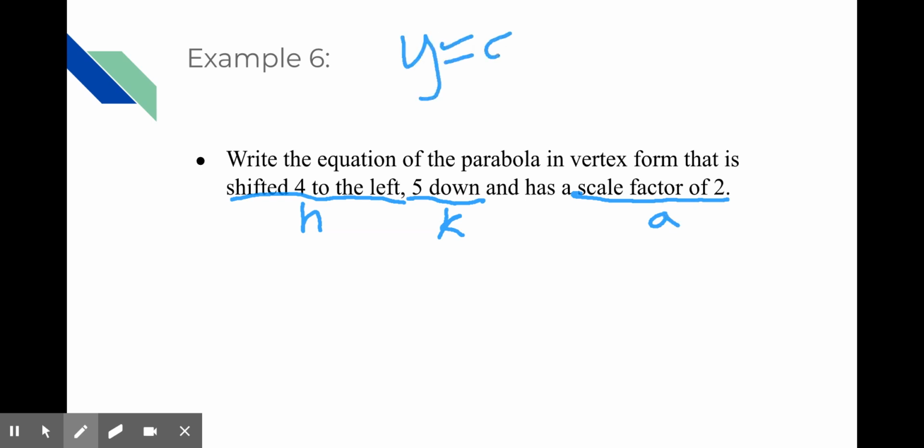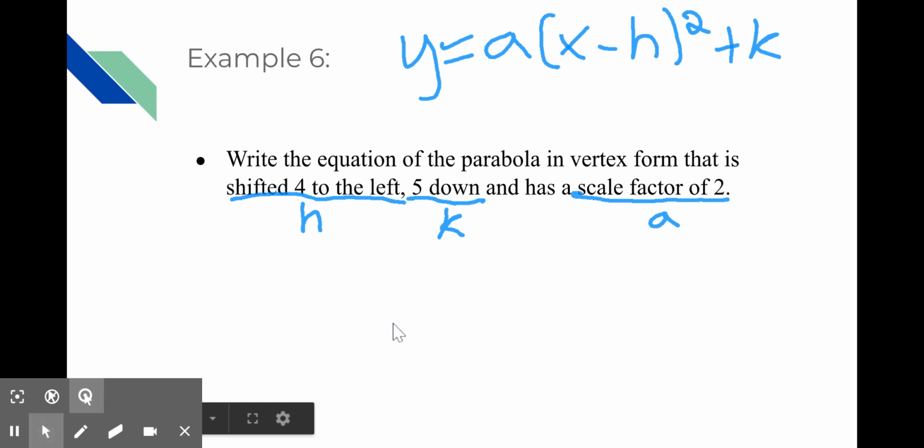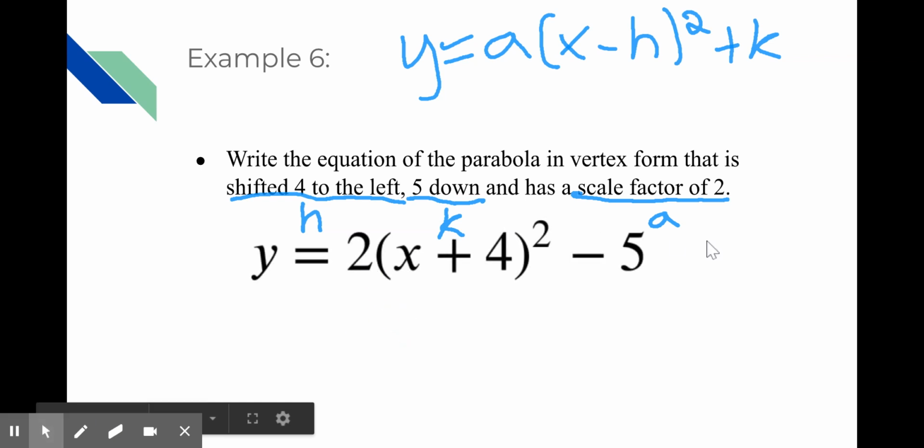So we're going to plug it into this equation. We plug in the scale factor of 2. It shifted 4 to the left, so x plus 4, because to the left is positive 4, and then 5 down.